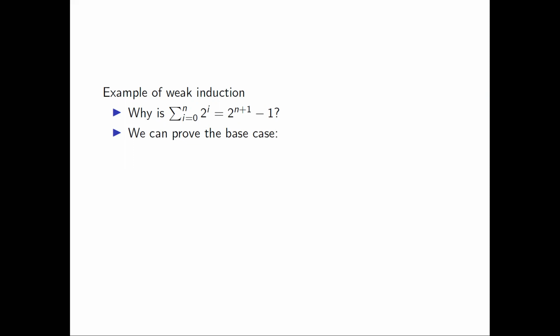So we'll prove a base case first. The base case is just showing that the sum from i equals 0 to 0 of 2 to the i is equal to 2 to the 0 plus 1 minus 1. And that's true because, again, both sides are equal to 1.